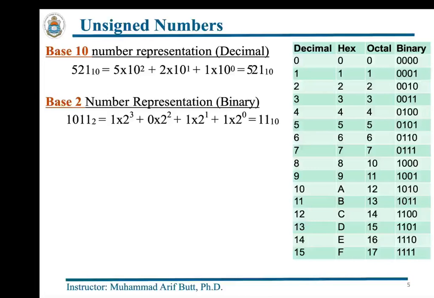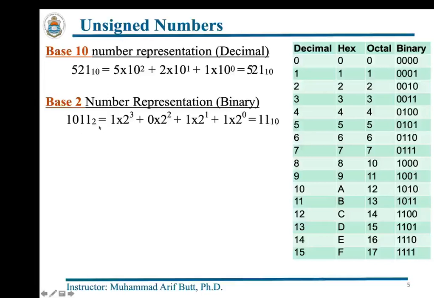Well, coming out of the history, dear students, this is the binary number system using which, rather, let me say that everything is finally stored inside our computer system. May it be a simple unsigned number, as shown over here, that is 1011, which is actually 11 in base 10.